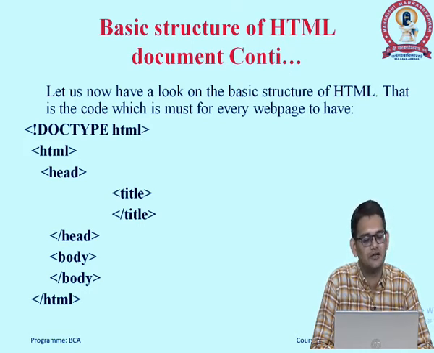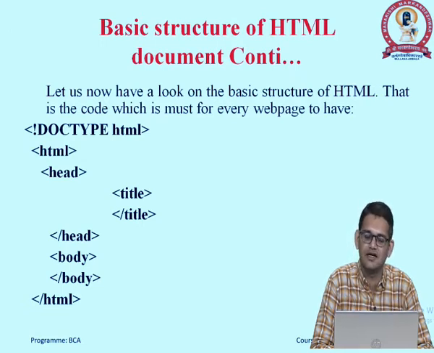So let us start. The first tag is known as doctype HTML. This tag is used to describe the version of HTML, followed by the HTML opening tag. You can see here that each tag we have used has an opening and closing. So HTML is the opening tag and next one is the head tag.